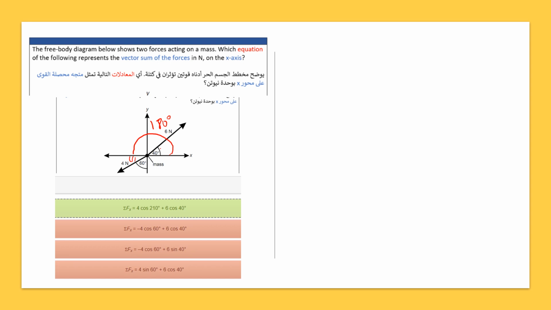This angle we need to find or define. So this one is 60 degrees, and all of it is 90 degrees because it's perpendicular. So 90 minus 60 equals 30. So this angle here is 30. And remember, this one is 180 plus 30, so it's 210. And the correct answer is the first one.